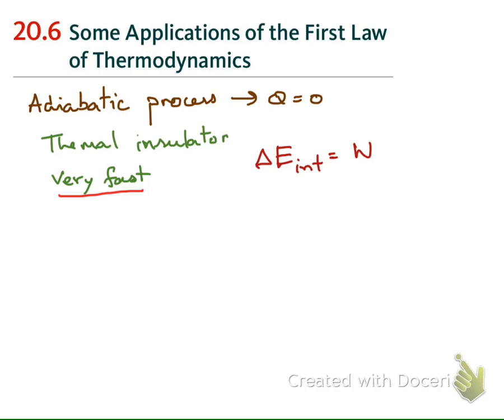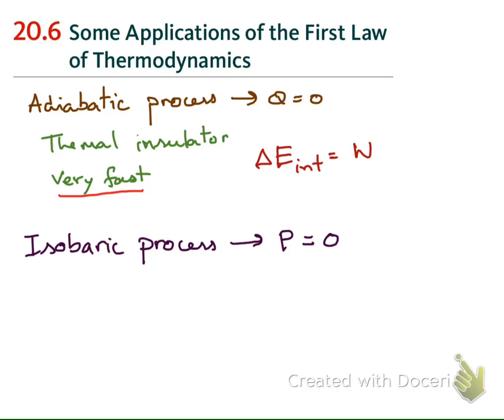We can also have the isobaric process. In the isobaric process, the pressure is a constant. Many processes that happen in the open air, we can assume are isobaric processes, and the pressure is equal to the pressure of the atmosphere.